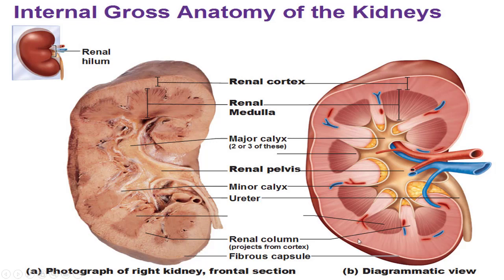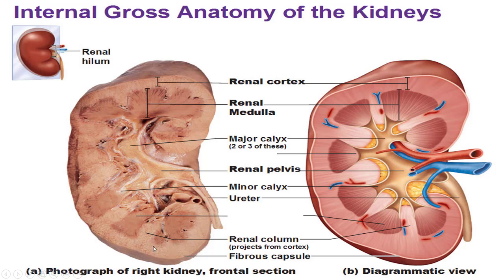On the illustration, you can see how the cortex dips down here, and here, and here, here, here, and here. Those are inward projections of the cortex. So even though they're going into the medulla, the renal columns are a part of the cortex.